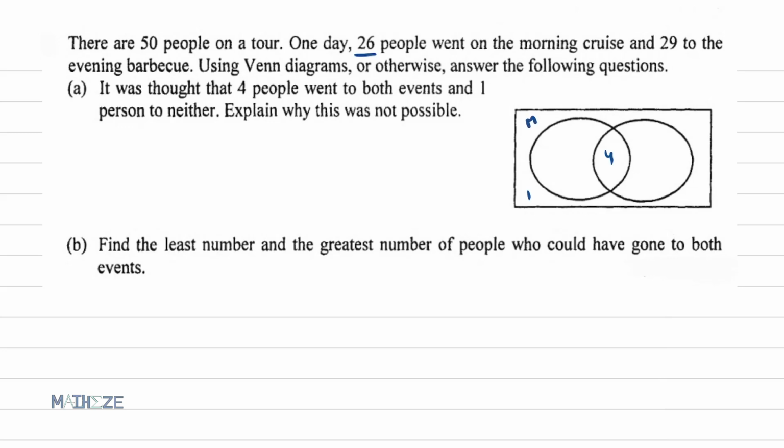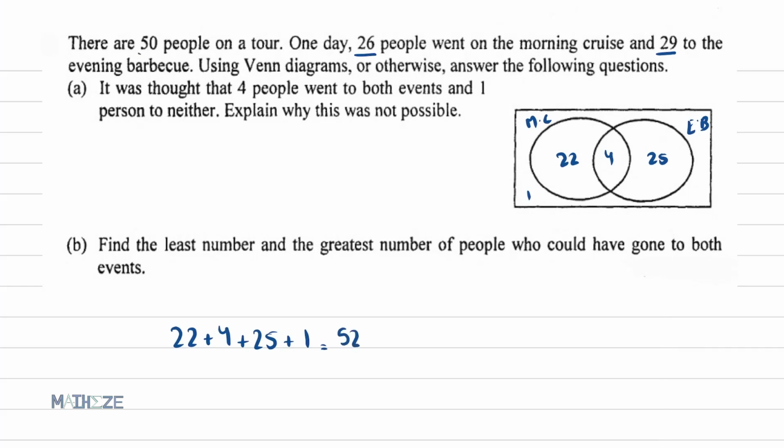Total morning cruise, how many people went? 26. So let's write morning cruise here, evening barbecue here. 26 minus 4 will give us 22. And total on evening barbecue, how many people went? 29. What's 29 minus 4? 25. If I add this, 22 plus 4 plus 25 plus 1, it adds up to what, guys? 52.